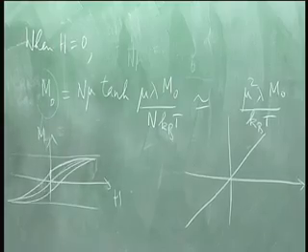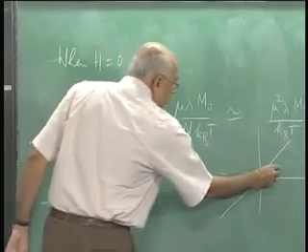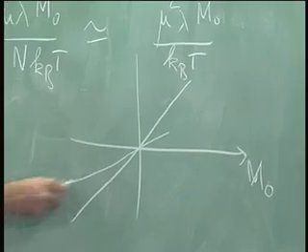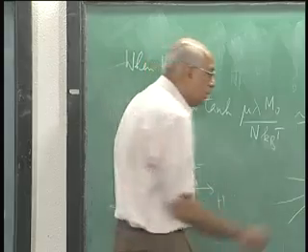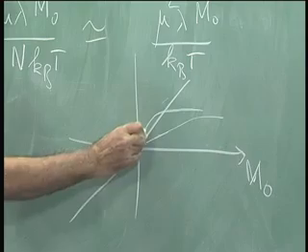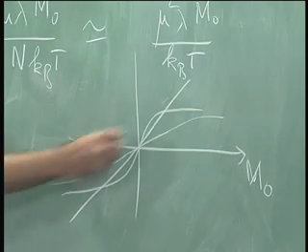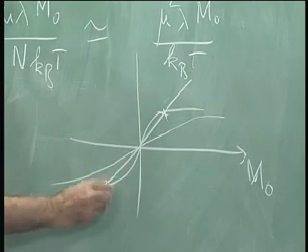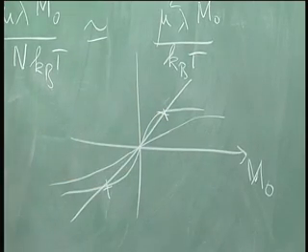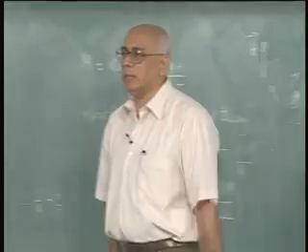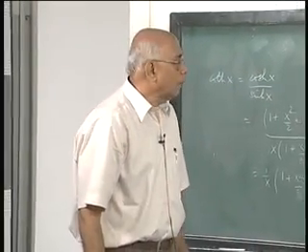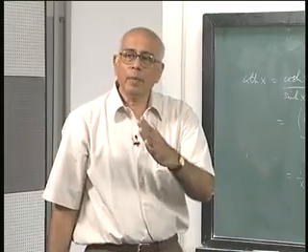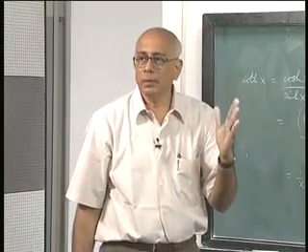So if T is very high, this slope would look like this and the curve would then saturate, but if T is sufficiently low, the curve would look like this and then saturate, and you have a root here and a root here other than the root at the origin, and that is how you get permanent magnetization. And when would this happen? It would start happening as soon as the slope exceeds 1.